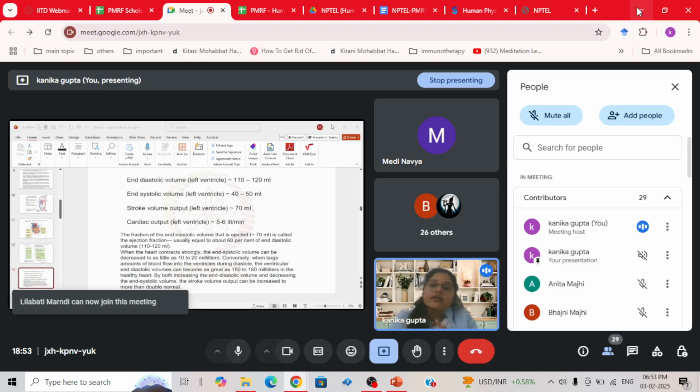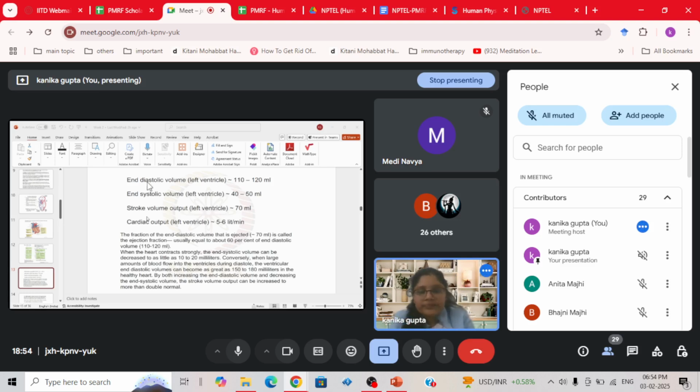But when ventricles are contracting, as I told you, the end diastolic volume is 110 to 120 ml. This whole volume of blood can't enter the systemic aorta when ventricles are contracting. So some part of the blood is also left inside the ventricle after the systole. The term is end systolic volume. So after the end of the systole, the blood that is left inside the ventricle is that volume.